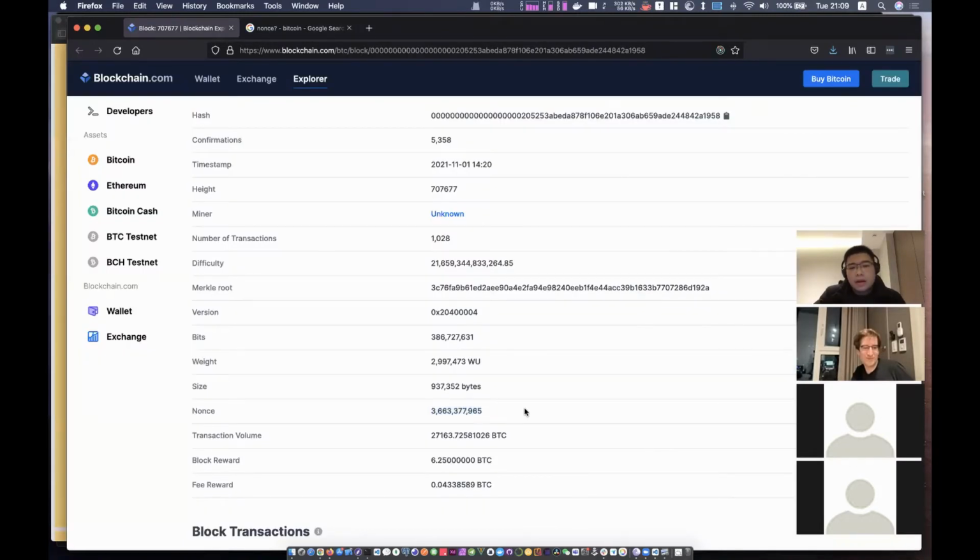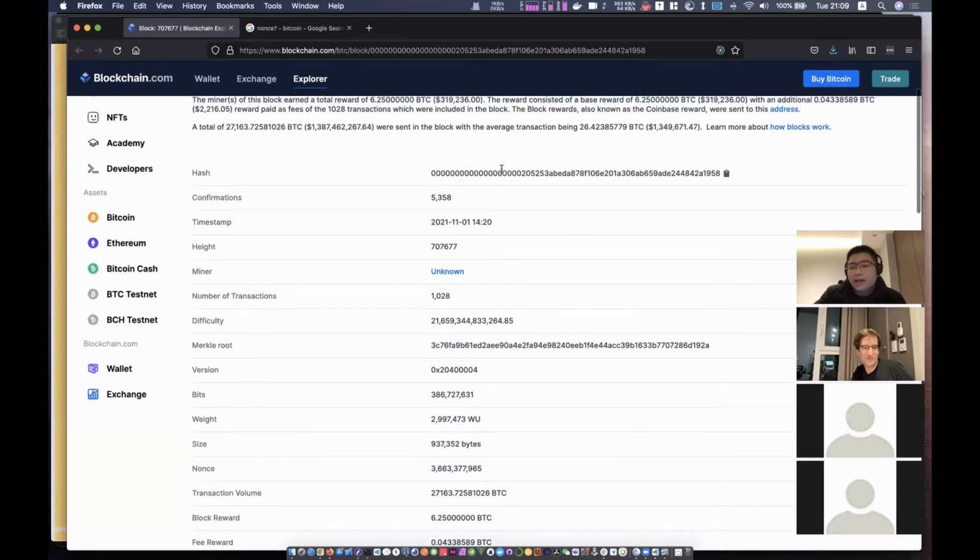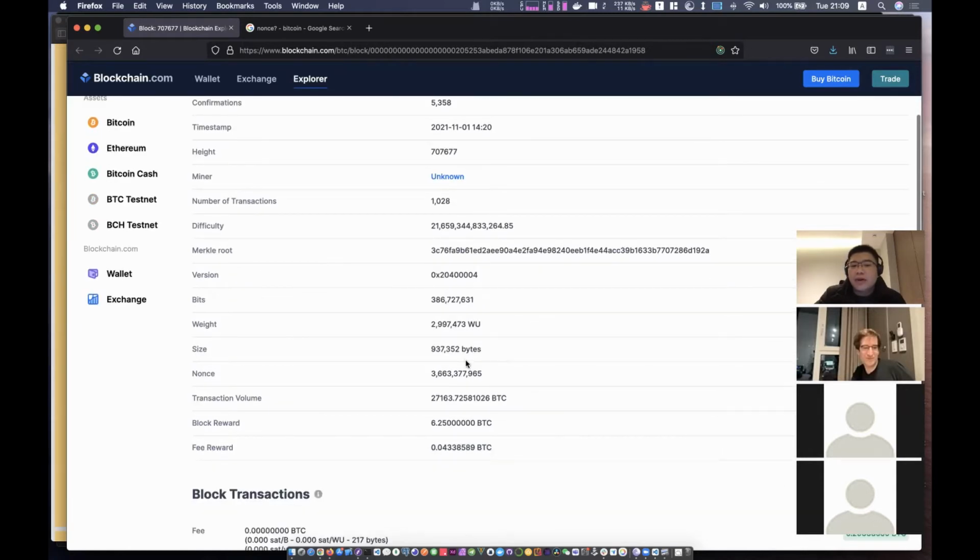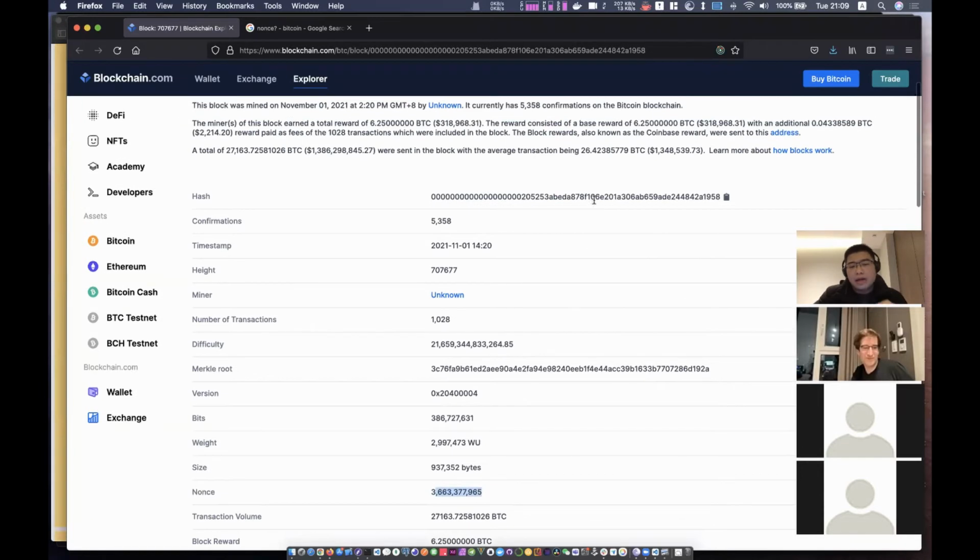The miner will find these numbers, and the hash is the identity of that block. Every block has a different hash, and with the hash they found the nonce as well, which is how to produce the hash. I will explain how they produce the hash from the nonce. Every block has it.